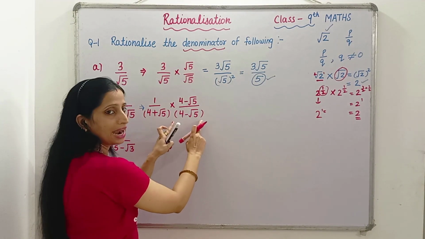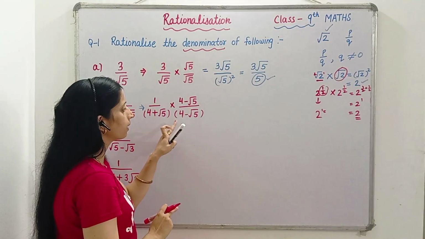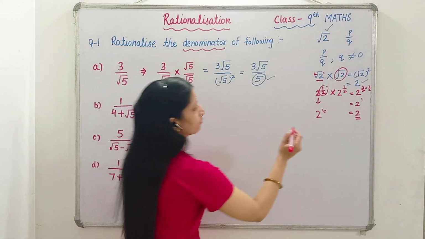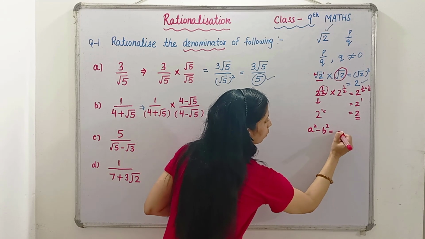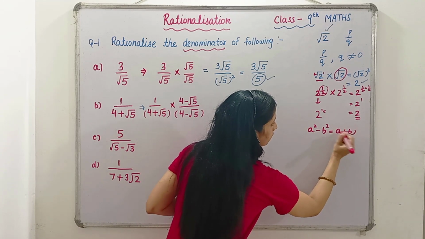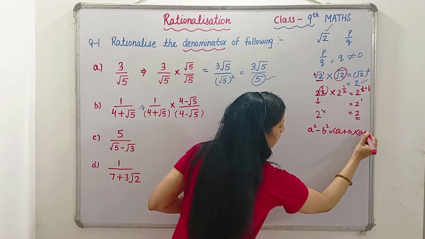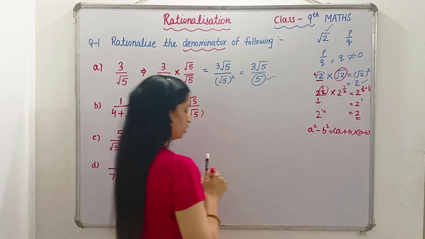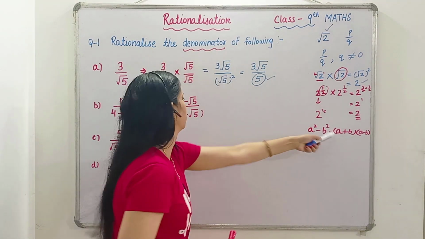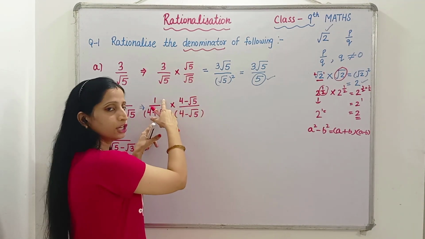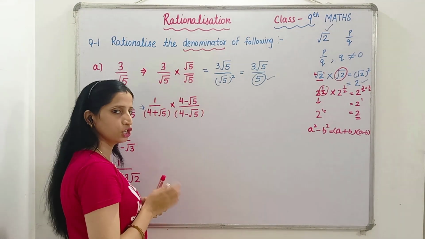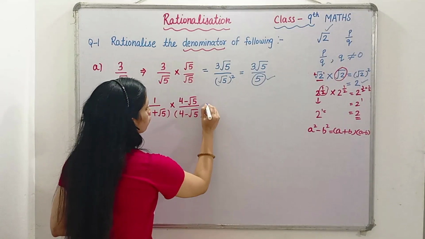To make the identity a square minus b square. See, a square minus b square, you all know it is a plus b, a minus b. Okay, so to make this identity, we change the sign and multiply by it in the numerator as well as in the denominator. Now let's find out.